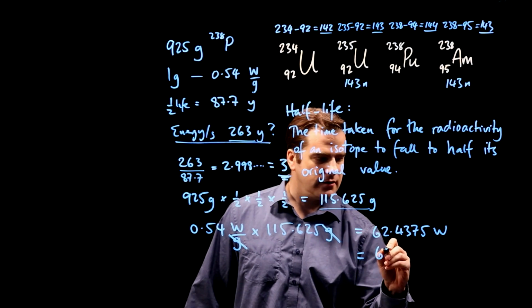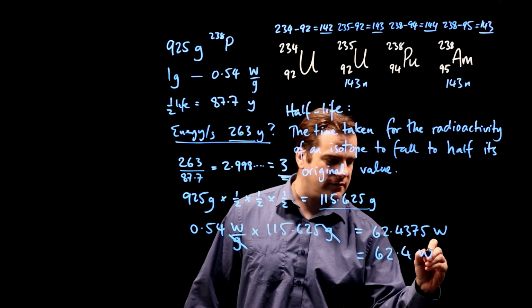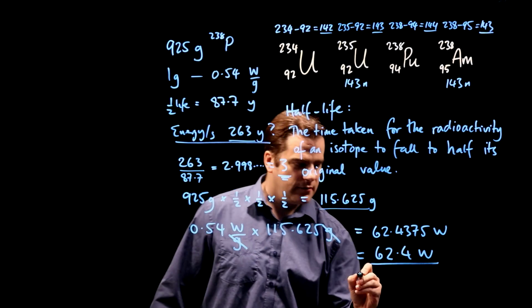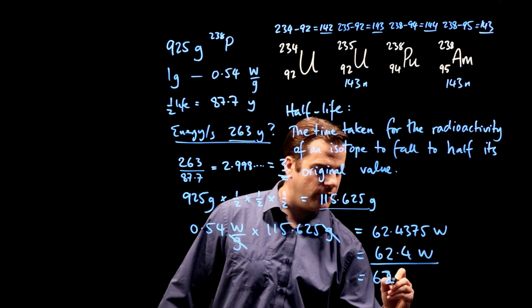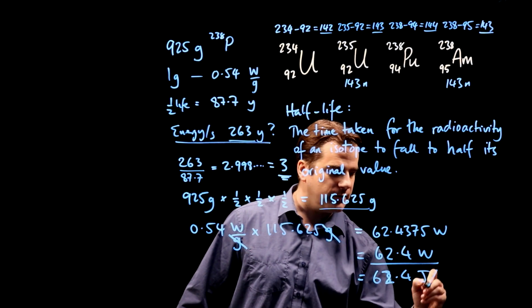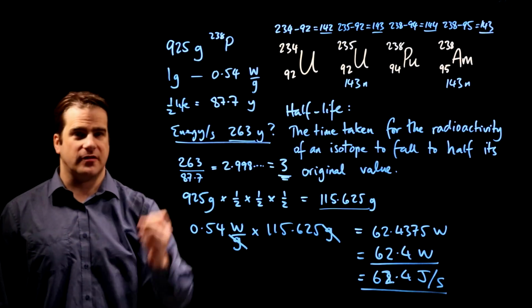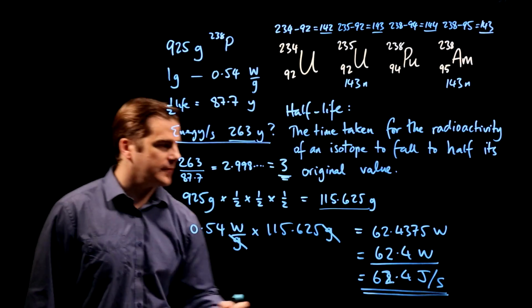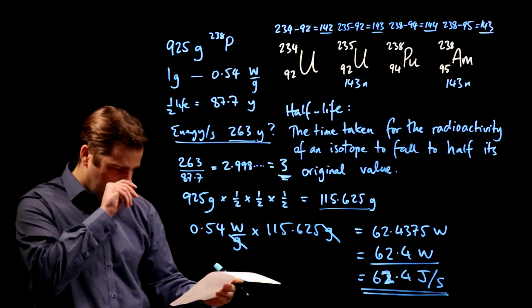So that's 62.4 watts, leaving the 3 alone. So that's the answer. 62.4 joules per second. A watt is a joule per second. And they wanted the energy per second. Okay? So that's it. That's a 2.